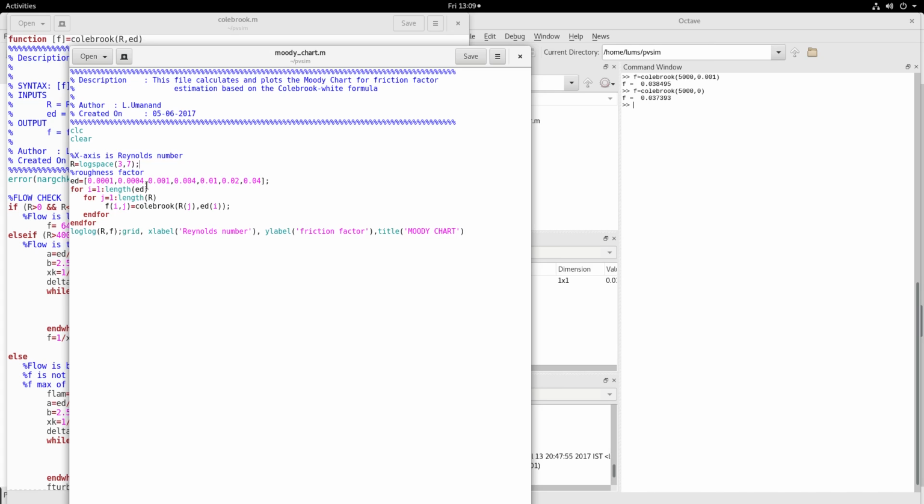And then I use one for loop for incrementing the roughness ratio, another for loop for incrementing the Reynolds number vector.